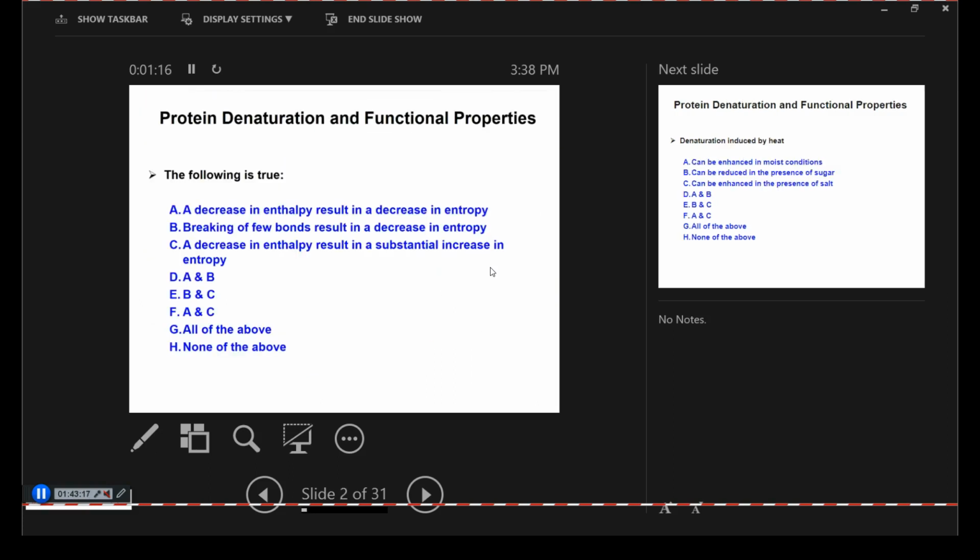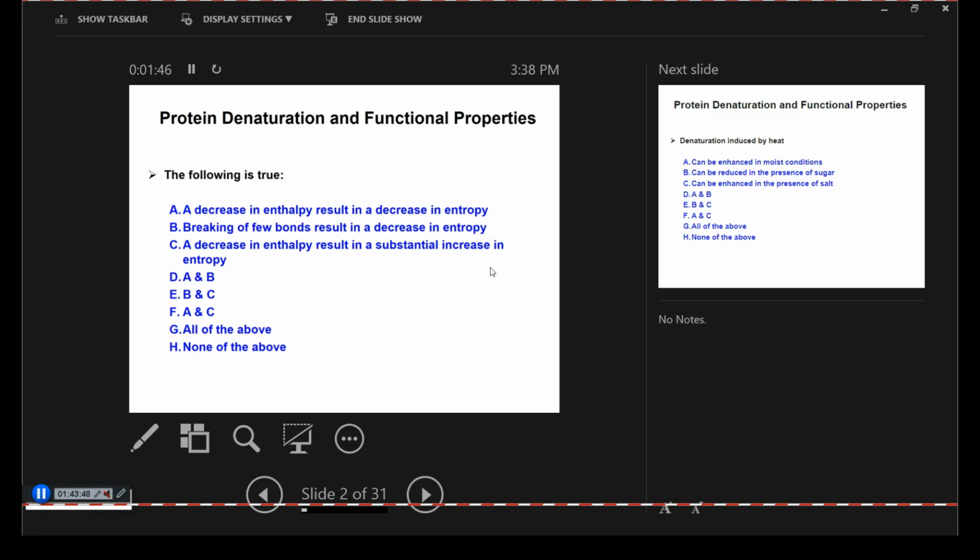Okay. So you don't have to know this, but maybe from what we talked about earlier, you remember a little bit. Which of the following is true? You just have to remember the difference between enthalpy and entropy, and what we talked about a couple of lectures ago.